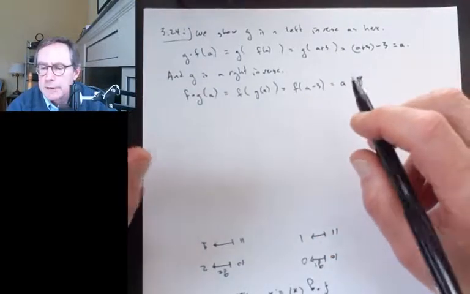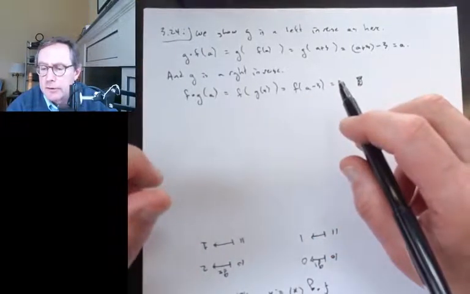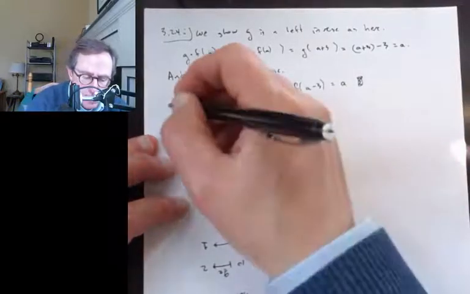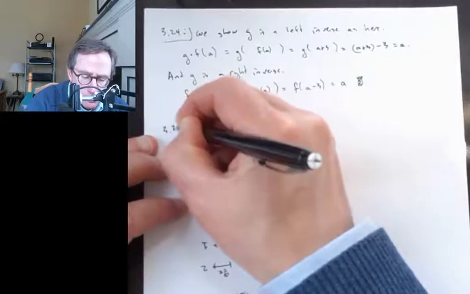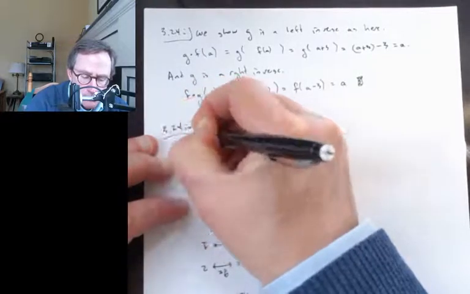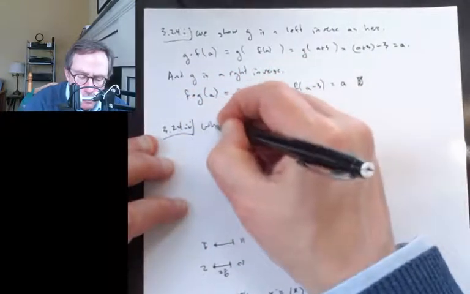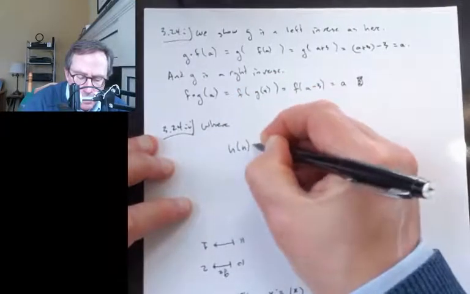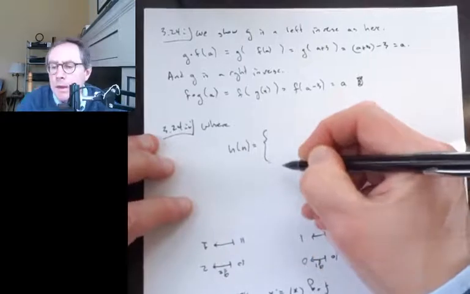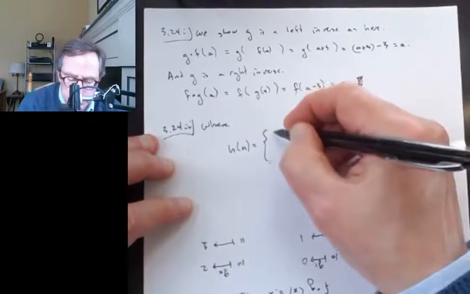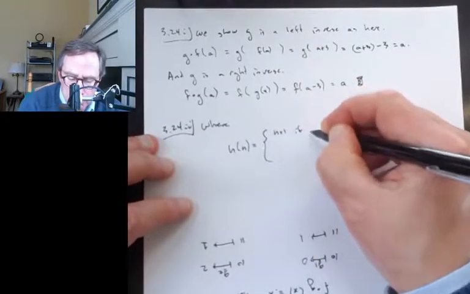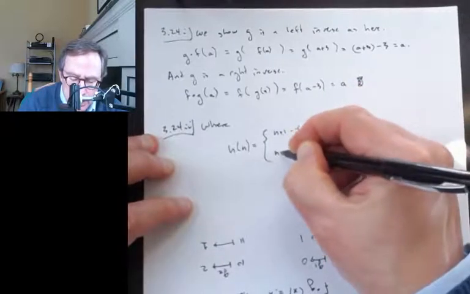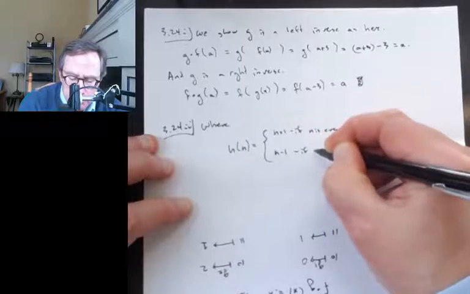Roman 2 says where h is the function that returns n plus 1 if n is even and n minus 1 if n is odd. So this is 3.24 Roman 2. Where h of n is n plus 1 if n is even, and n minus 1 if n is odd.